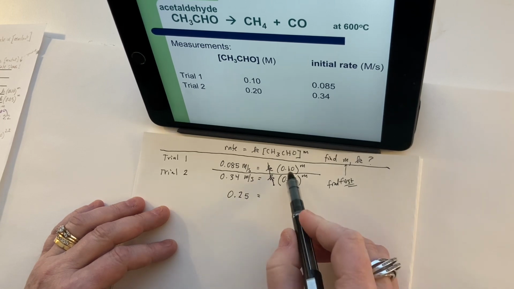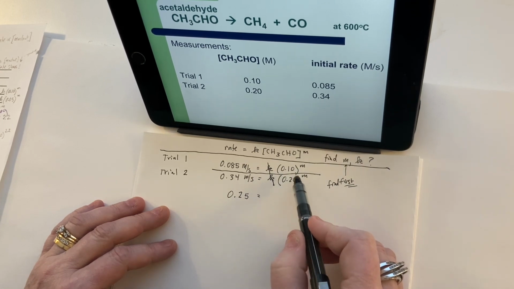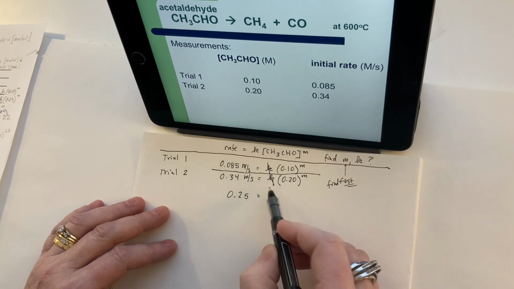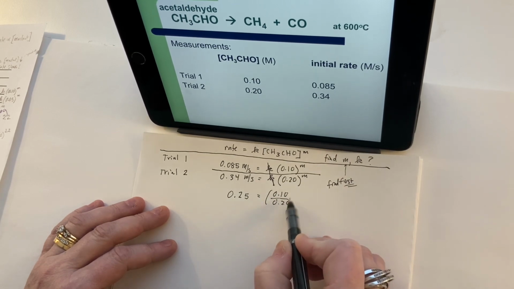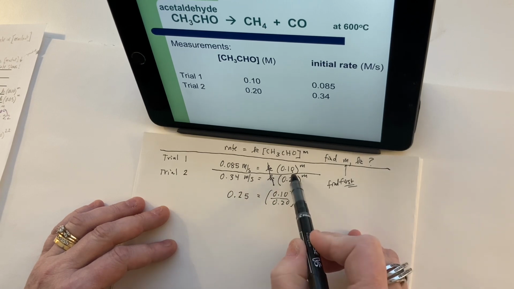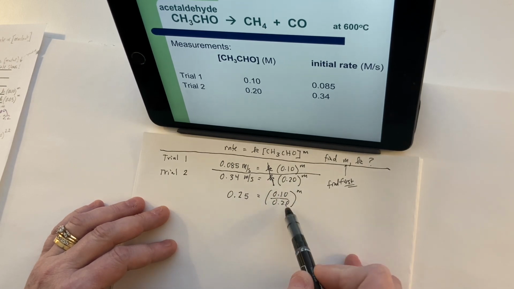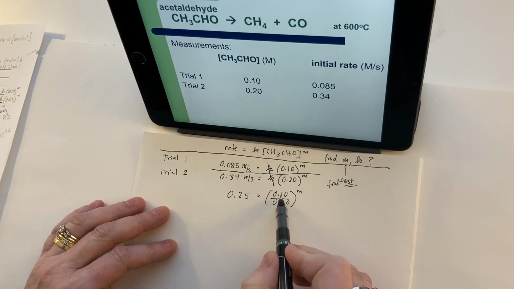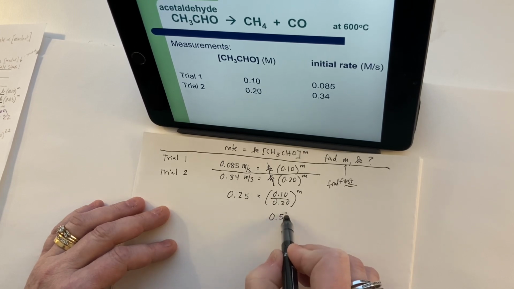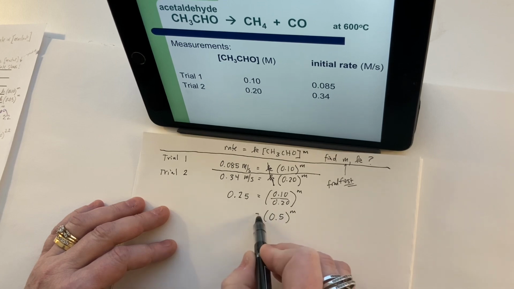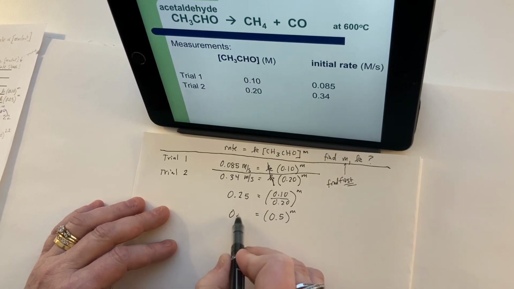And I'll set that equal to 0.1 raised to a power divided by 0.2 raised to a power. That's the same thing as 0.1 divided by 0.2 raised to that power, because both are raised to the same exponent. So 0.1 divided by 0.2, that's 0.5 raised to this unknown exponent has to equal 0.25.